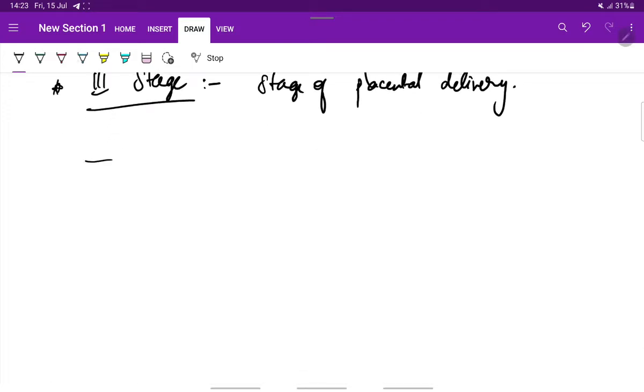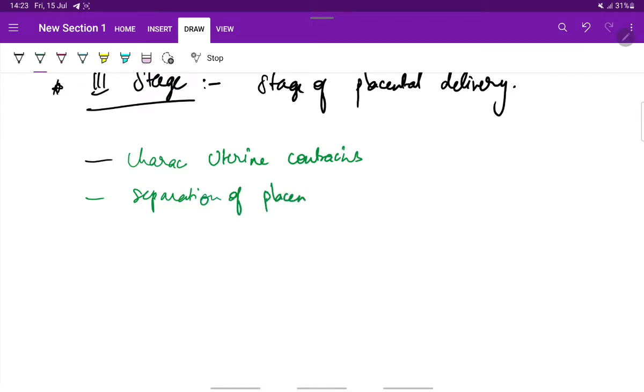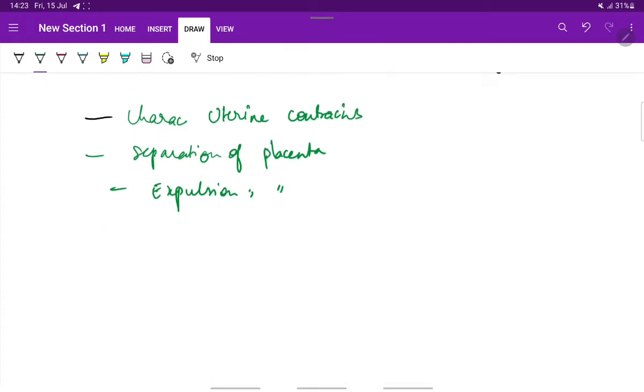So, here there will be characteristic uterine contractions, separation of placenta, then expulsion of placenta, control of hemorrhage, and contraction and retraction of the uterus.